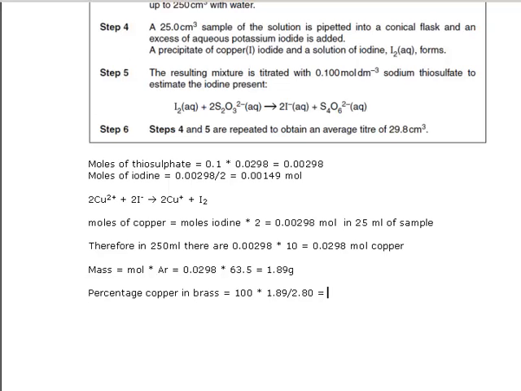And this comes to 67.6%. And that would be our final answer for the percentage of copper.